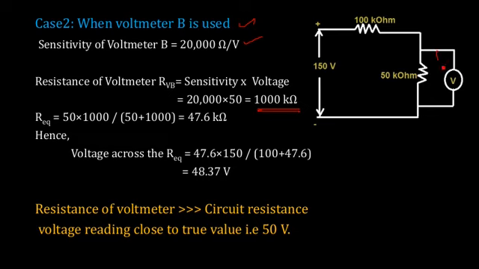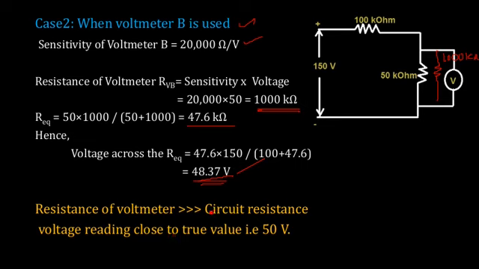So suppose you are connecting 1000 kilo ohms here. Now the equivalent value of resistance between these two will be 47.6 kilo ohm, and the voltage across this setup that should be measured by this voltmeter will be 48.3.